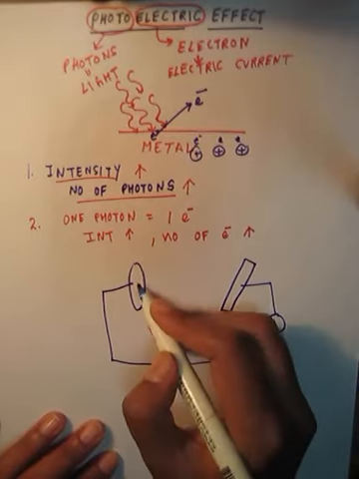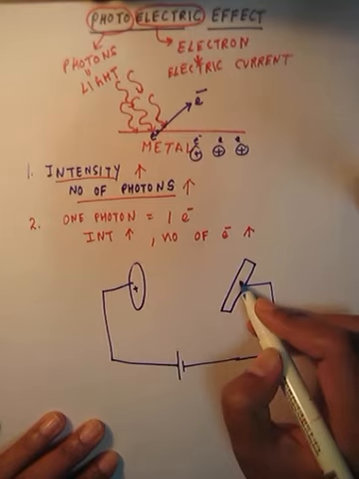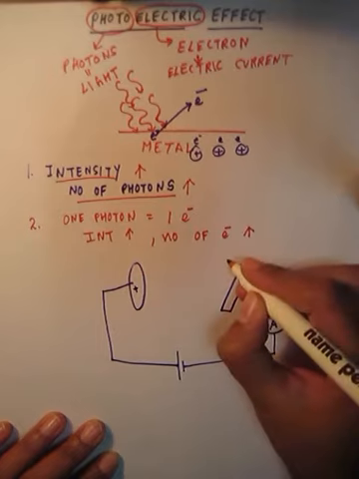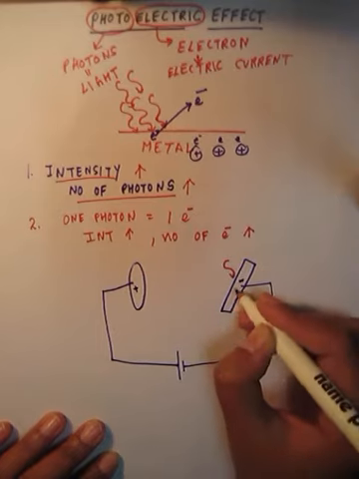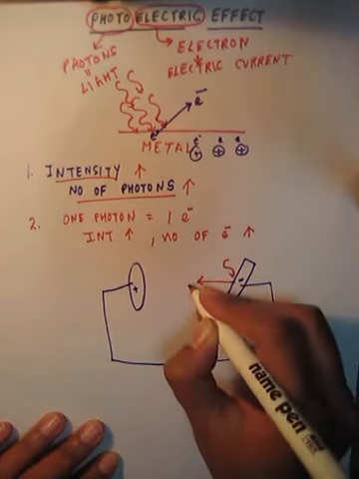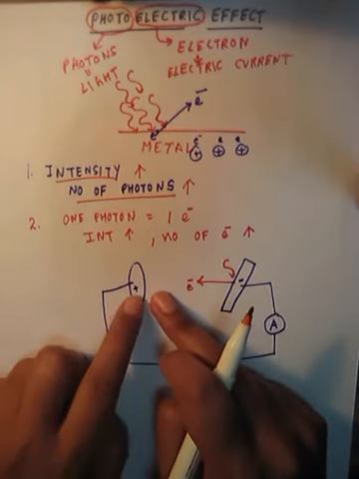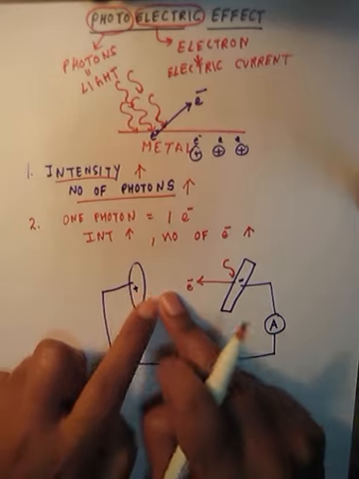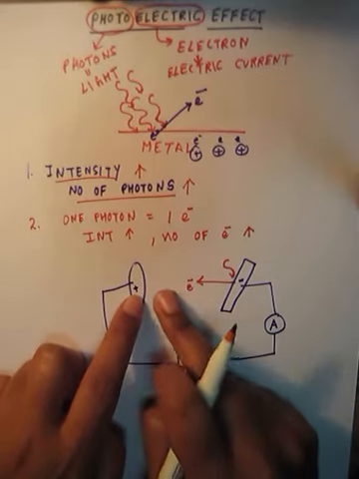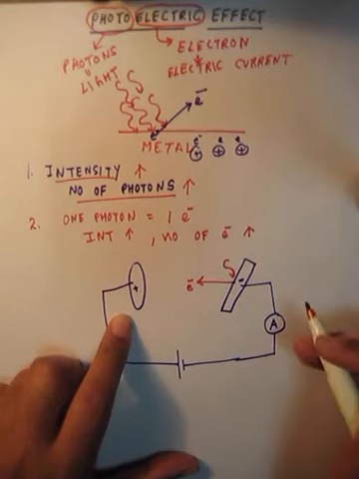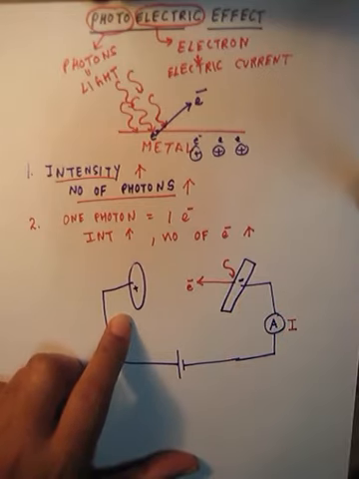So it means that this plate is positively charged, this plate is negatively charged. And now the photons fall on this plate, electrons are ejected, and these electrons reach the other plate, because one is positively charged, the other is negatively charged, so they attract. So these electrons flow through the circuit and create some current, and that current is I.